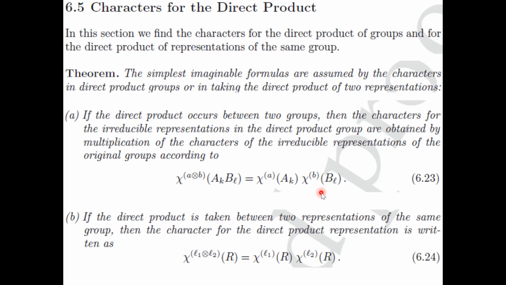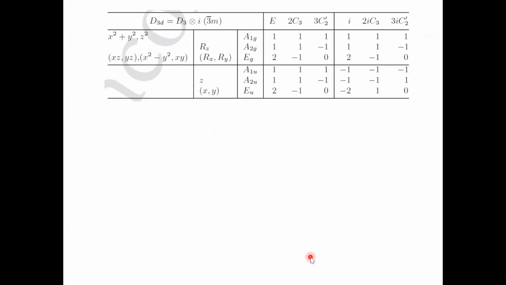You simply multiply the two characters. And the same thing for two representations of the same group. So the character for the direct product representation is the product of the two original representations for a given symmetry operation of the group.